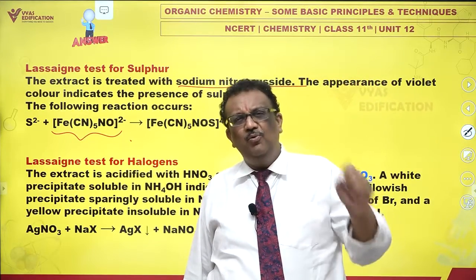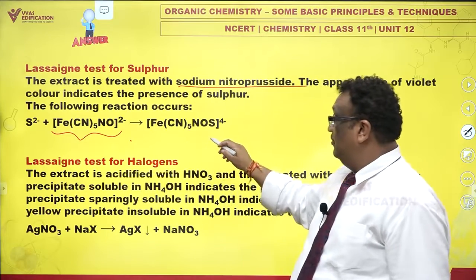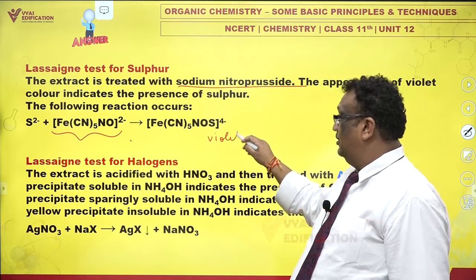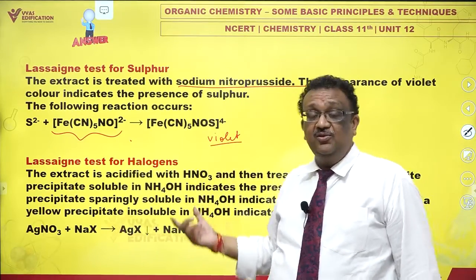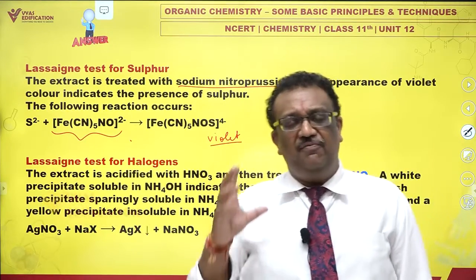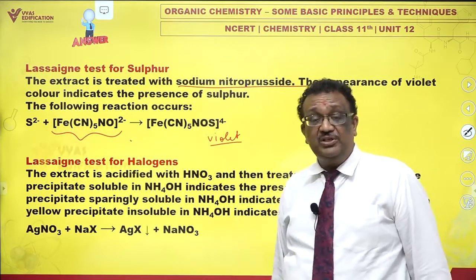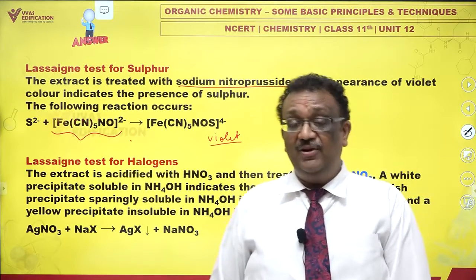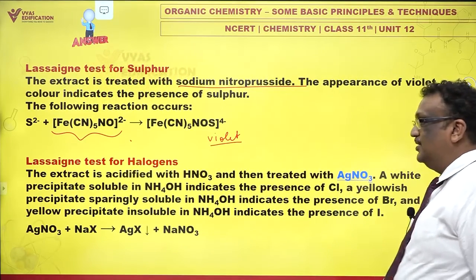It's a faint brownish yellowish solution. If you add sulphide to this, suddenly it becomes violet. Even if a very small quantity of sulphide is present, it's a very clear, distinct test. A very distinct violet coloration confirms that sulphide is present, which confirms the presence of sulfur in the original organic compound.